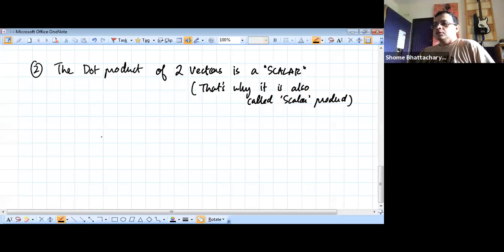Yeah, sorry. So let's understand this. It gives us a scalar quantity. That is why it is in fact called scalar product. So for example, in physics, we have a general definition.